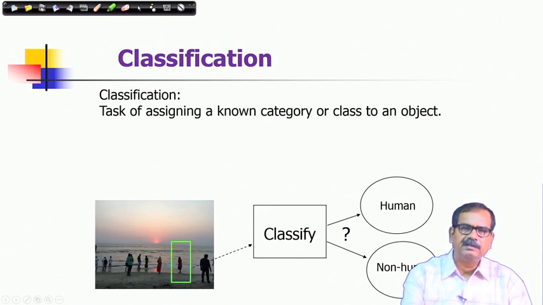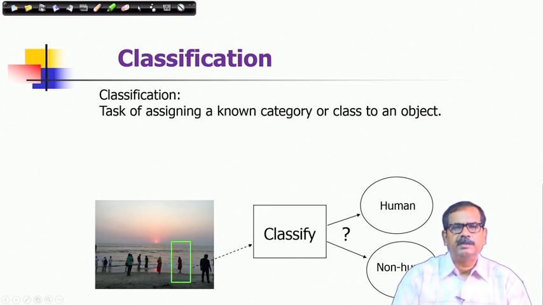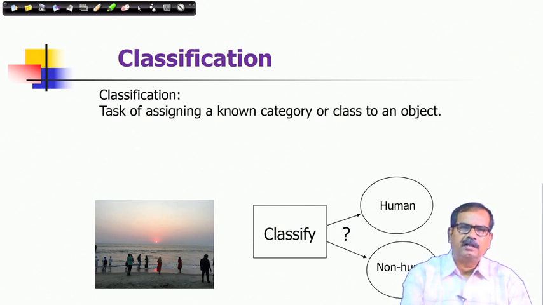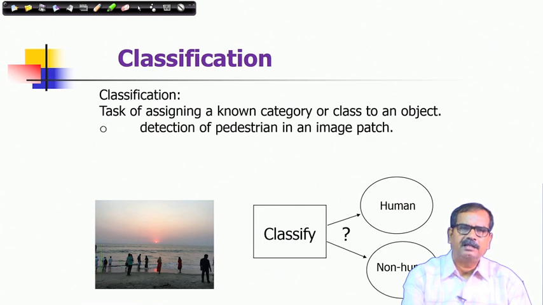Suppose I give this particular region of the image and ask you to classify whether it contains a human or not. In this way, I can give various patches from this image to the system, and ask it to solve this problem.